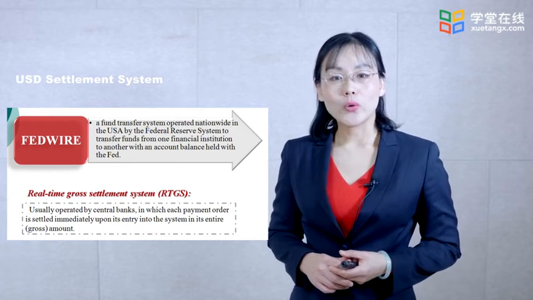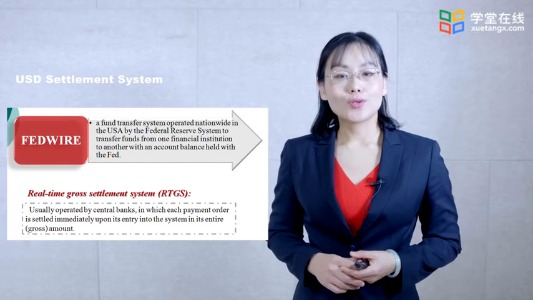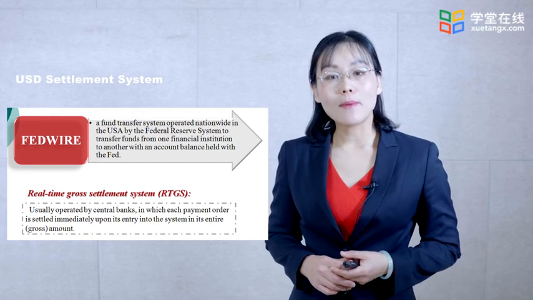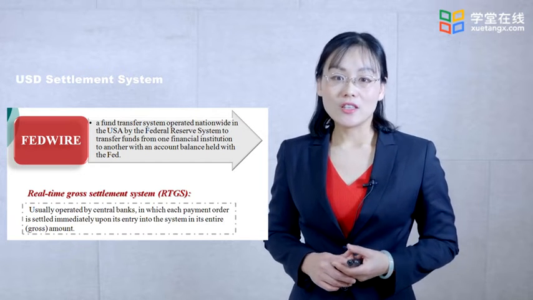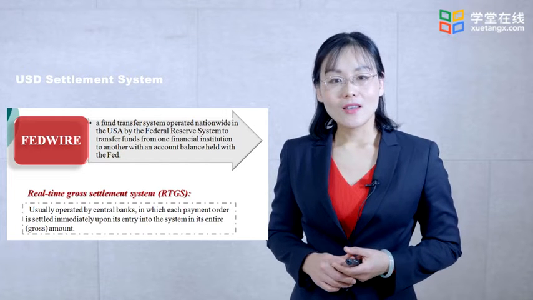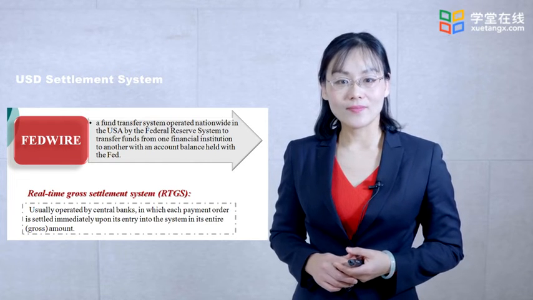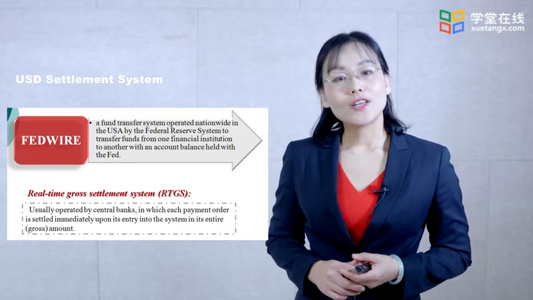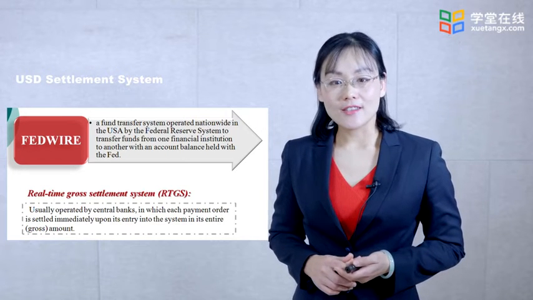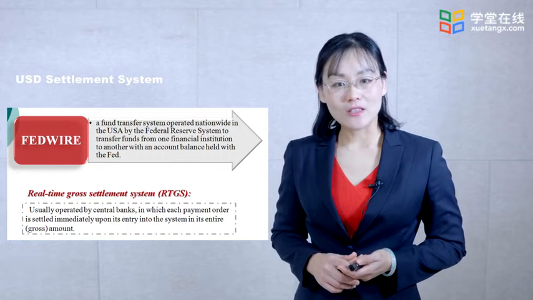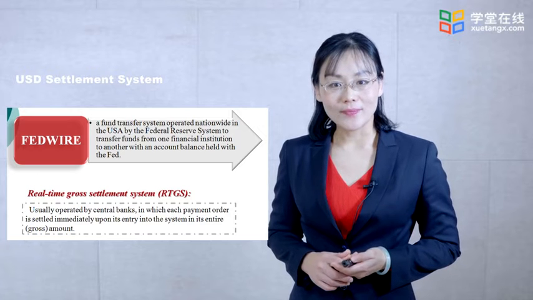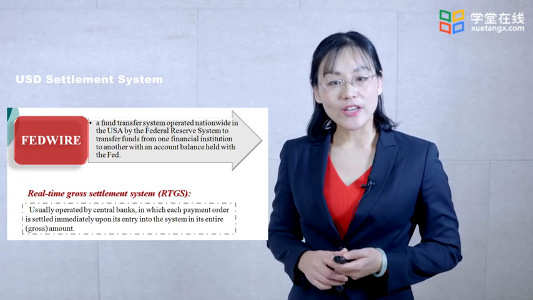Participants use Fedwire to instruct a reserve bank to debit the paying bank's account and credit the payee bank's account. Fedwire processes and settles payment orders individually throughout the operating day.